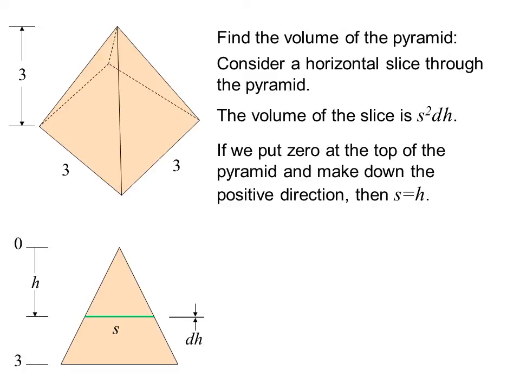If we put 0 at the top of the pyramid and make down the positive direction, then s equals h. The volume of a slice then is h squared dh.